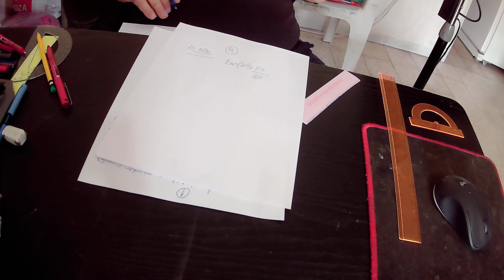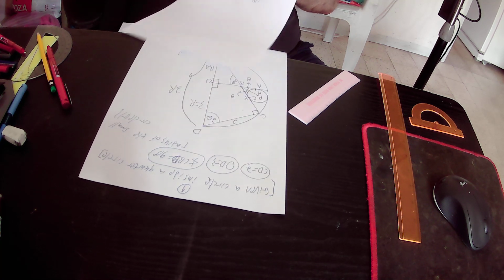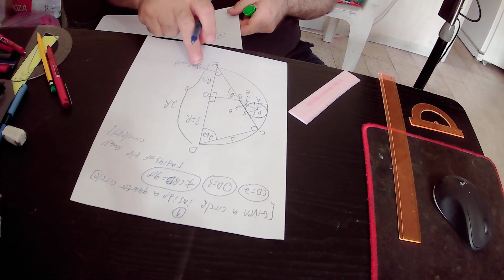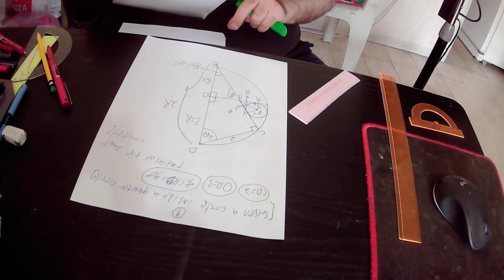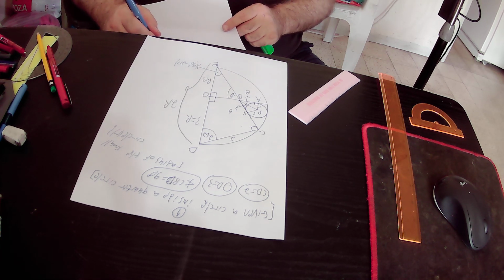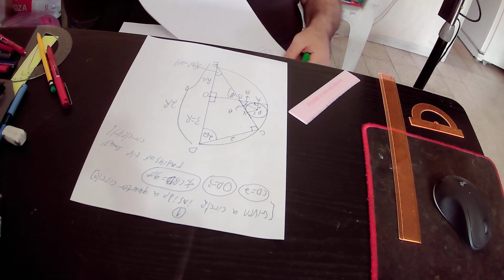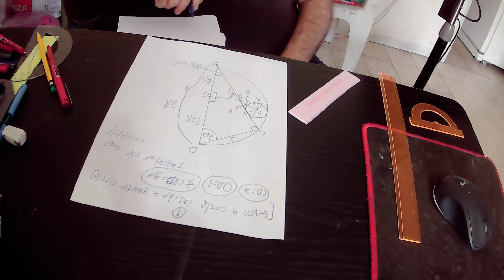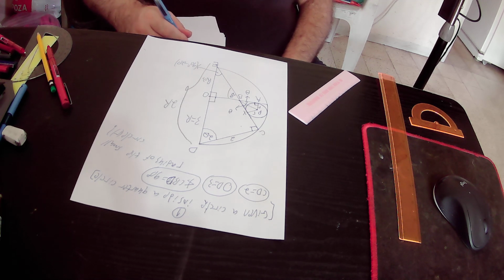Tangent 2 theta equals EO over BO. But we know that EO equals 3 units, the radius of the big circle or semicircle. So tangent 2 theta equals 3 over BO. And we have already found out that tangent 2 theta equals 2 times root 2. So 2 times root 2 equals 3 over BO.